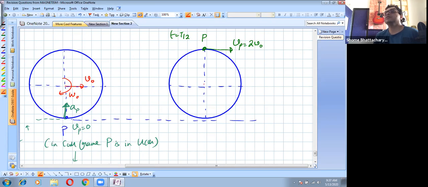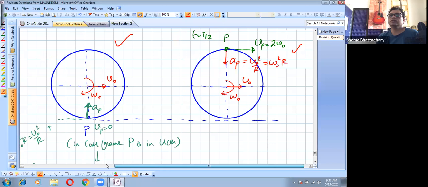But with respect to the center of mass, it is still doing the circular motion with omega naught. So the acceleration at this point is also the same, v naught square by r or omega naught square r, but now pointing downwards. This is the important trick from the kinematics of the cycloidal path. So this is our trick 1.